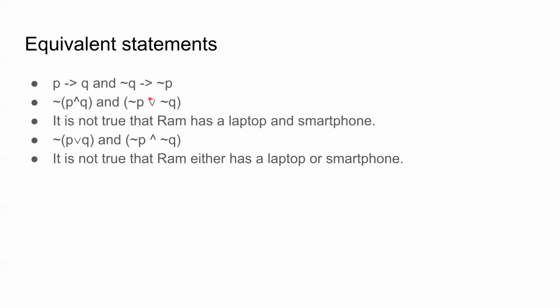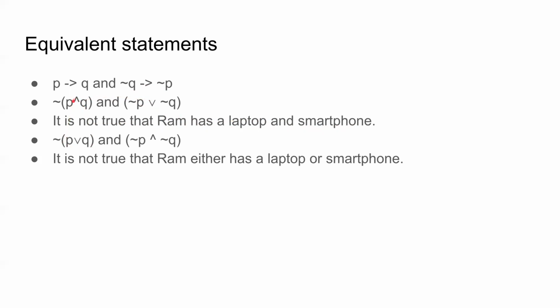This down arrow means or, and this up arrow means and. So when we say it is not true that Ram has a laptop and smartphone, it means that Ram does not have a laptop or Ram does not have a smartphone. So these two statements are equivalent. It is also called De Morgan's law.